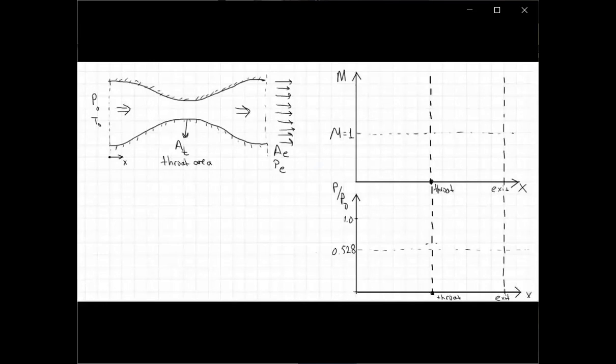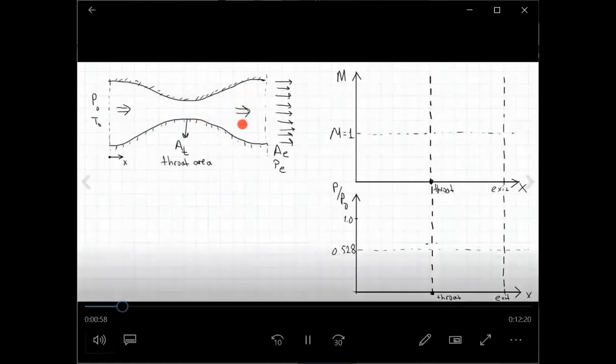This is a converging diverging channel that you are seeing here, and the flow is coming from left to right. We will talk about the flow development properties as we go from subsonic to supersonic, and how to achieve a fully supersonic flow field in the diverging section.